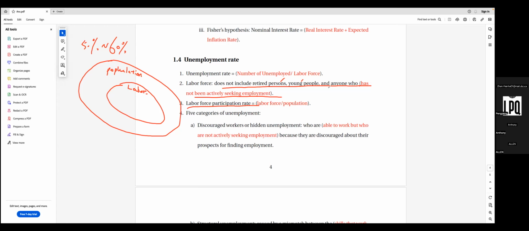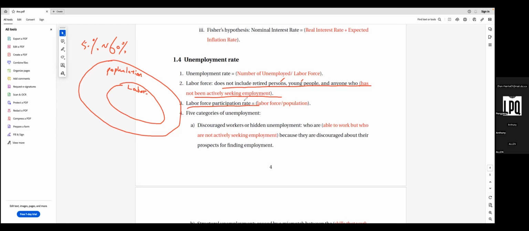So you can understand the labor force is only a part, like 60% on average, of the total population size. Now you have the definition of labor force.